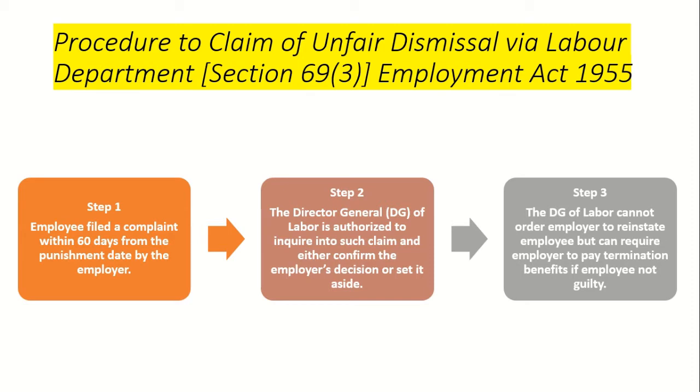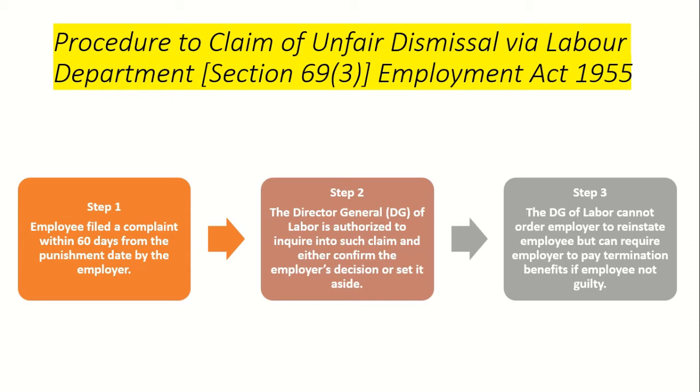Dan kalau dia rasa keputusan employer betul, so case you habislah. Tapi kalau dia rasa you yang betul, claim you yang betul, so dia akan tentukan apa penalty ataupun apa remedies yang bersesuaian untuk diberi kepada employee.